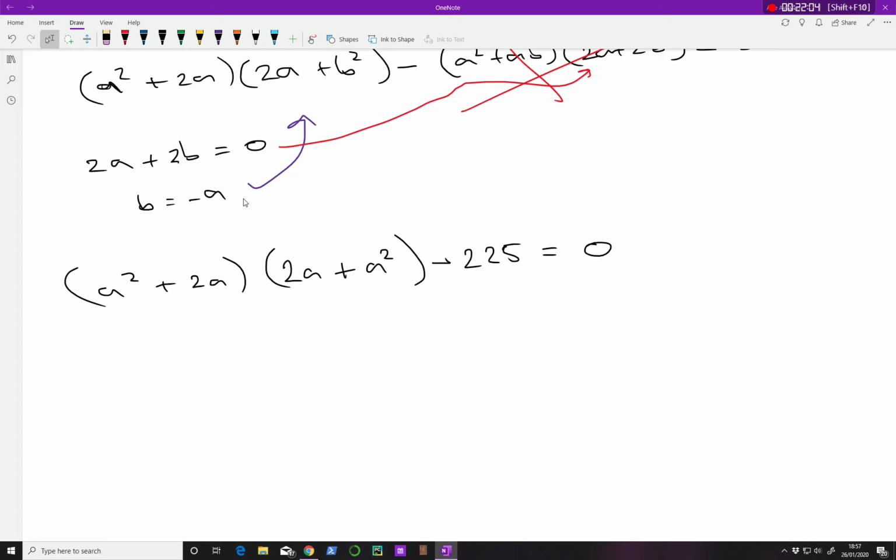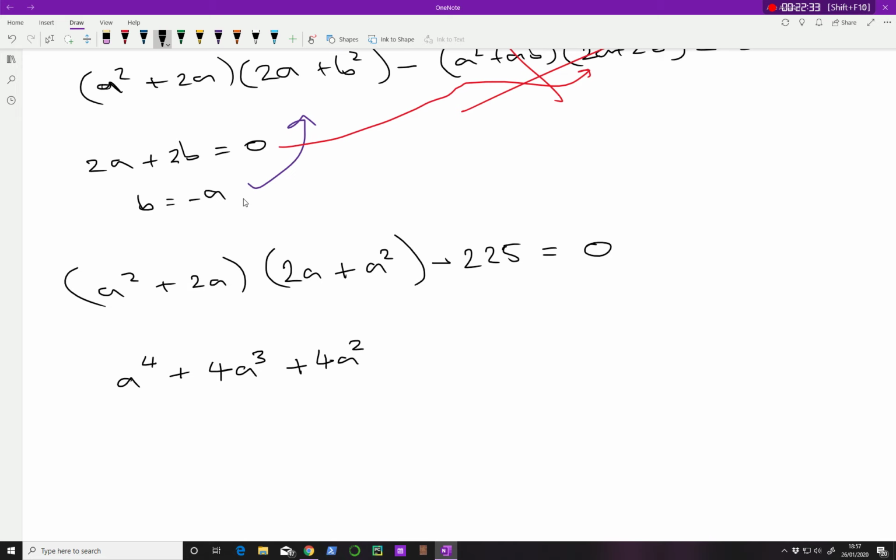So if I just multiply that out, I'm going to get something like a to the 4 plus 4a cubed plus 4a squared.